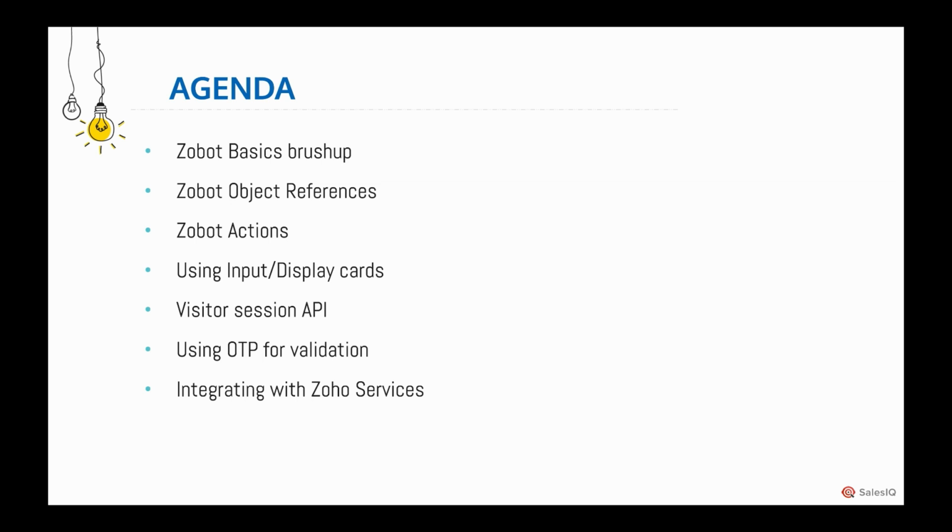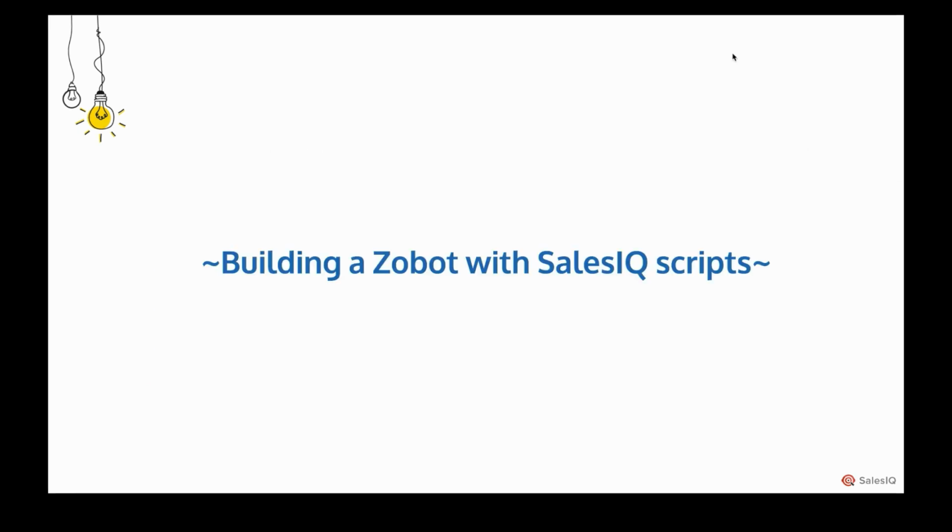That's exciting, isn't it? The VisitorSession API in the Zobot, how to use OTP for validation inside the Zobot, and also how to seamlessly integrate with different services using the Zobot platform. So all of these will be discussed with respect to the SalesIQ Scripts platform, but they're also available for other platforms.